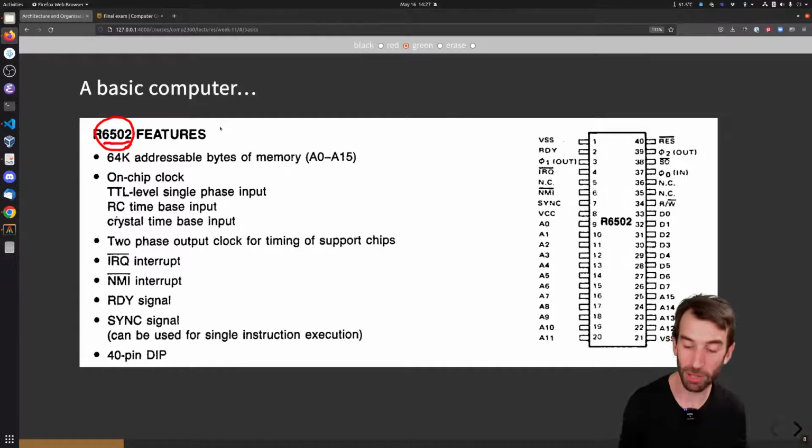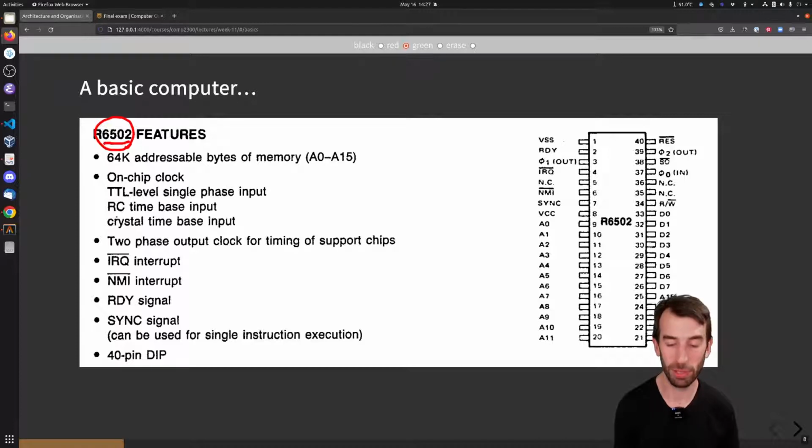So not a computer on a chip or a system on a chip like we have now, but just a whole central processing unit with all of the different parts that we were talking about, the ALU, registers, instruction decoder, memory addressing stuff, all on the one chip. So this is a very simple CPU.